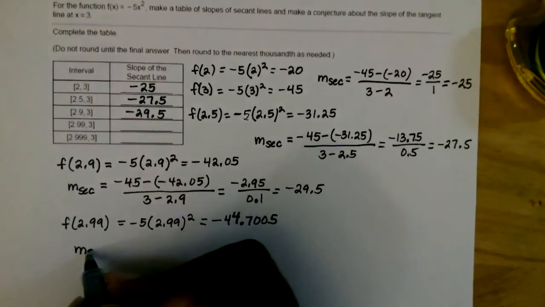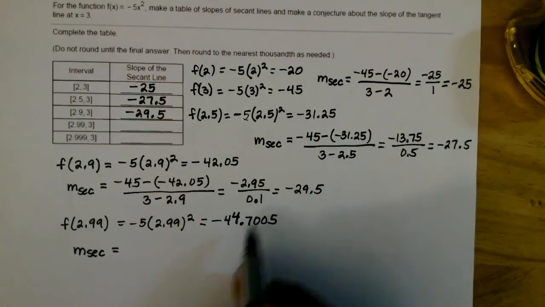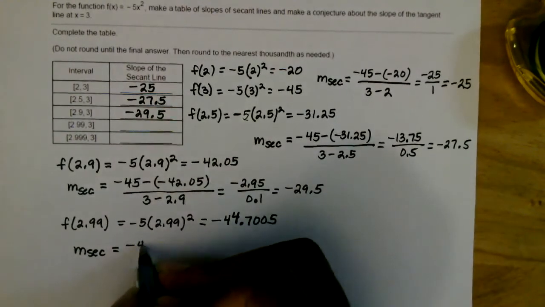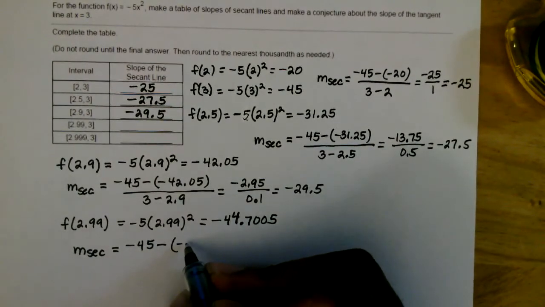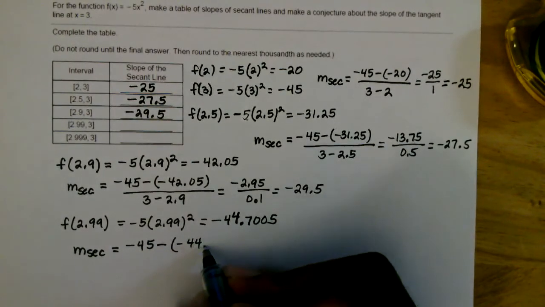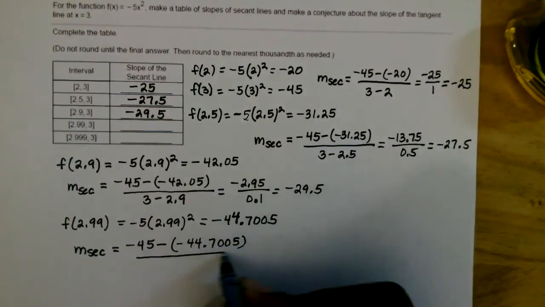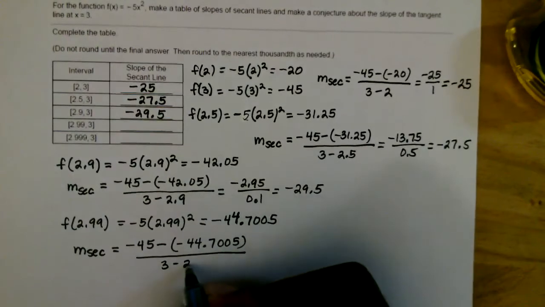So that means the slope of the secant line would be f of 3, that's negative 45, minus f of 2.99, that's negative 44.7005, divided by b minus a, 3 minus 2.99.